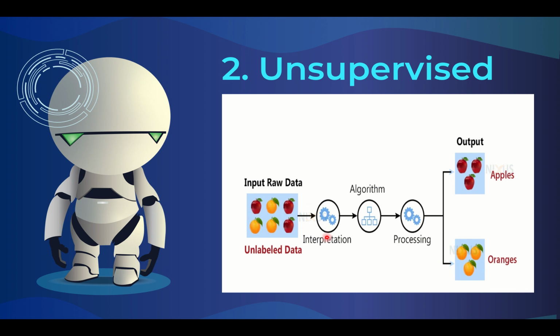The machine learning model will find similarities between different parts of the data, and on the basis of these similarities, it will group the data. It will make clusters of the data. Then it correctly processes the data and tells us that it is an apple and it is an orange.